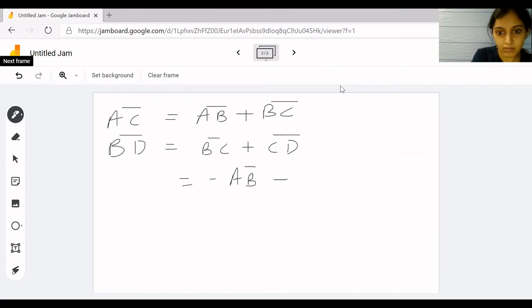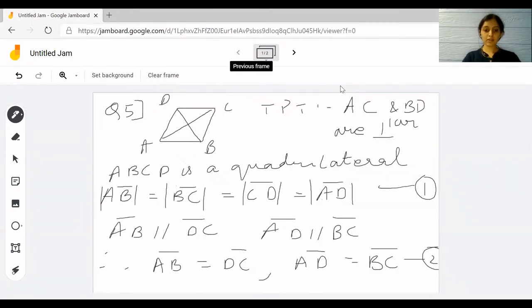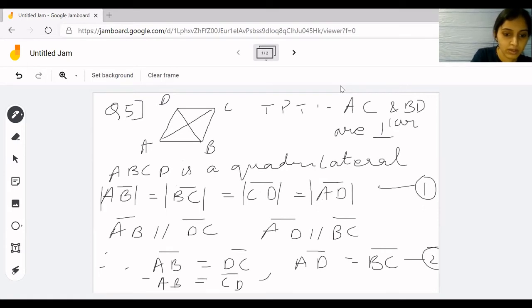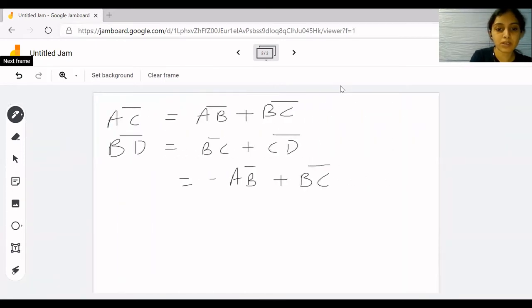That is from the second point that we have. What is the second point? You can see that DC is equal to AB, right? So CD will be equal to minus AB. Here I'll write it so that it's easier to remember. Since I'm taking the opposite vector, it will be minus AB, which is BC bar minus AB bar.